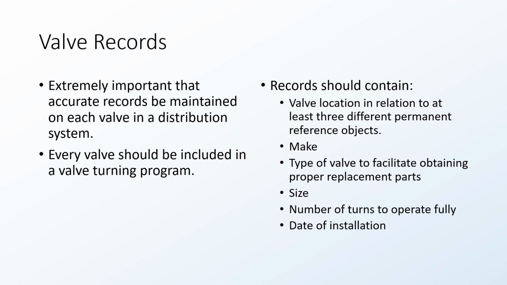Date of installation will let you know if you've reached that useful life or not. Like I said, most valves are typically designed to last 25 years. However, if your valves are only lasting a single digit number of years, you really want to have a good record of that so you can go back to that manufacturer and maybe see if there's some kind of warranty.